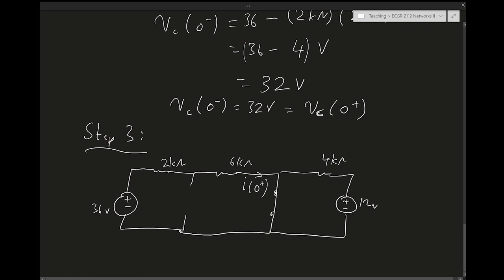And we said the trick here is that the capacitor voltage is continuous. That means just after the transient, the capacitor voltage will have this value, and we can plug it in as a voltage source. So this is going to be VC(0+). Right? It's just a fixed voltage source of 32 volts.